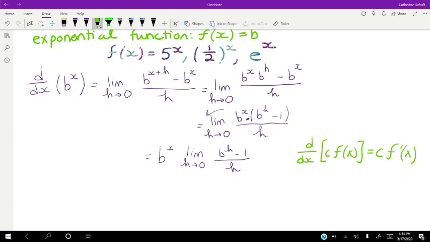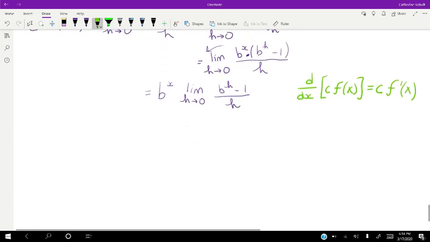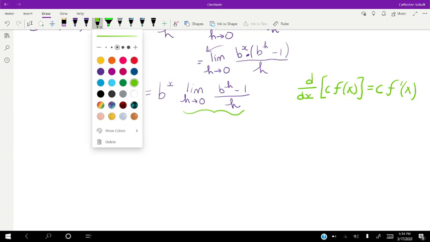That's essentially what we're doing. Now we have b to the x times this, and I'm going to do a little bit of manipulation. Again, we're deriving something. I would never ask you guys to do this, but we're just trying to convince ourselves of the exponential rule.